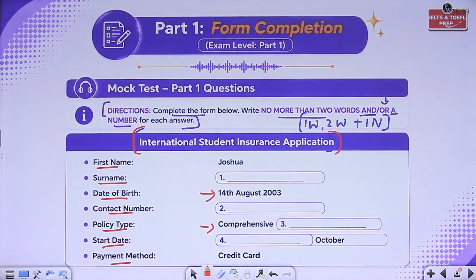I think the comprehensive medical option is best for my visa requirements. Wonderful choice. And when would you like the coverage to begin? Well, my classes start on the 10th of October, but I land on the 3rd, so let's activate it from that day so I'm safe from the moment I arrive. Done. We'll set it for the 3rd of October. Now, how would you like to pay?